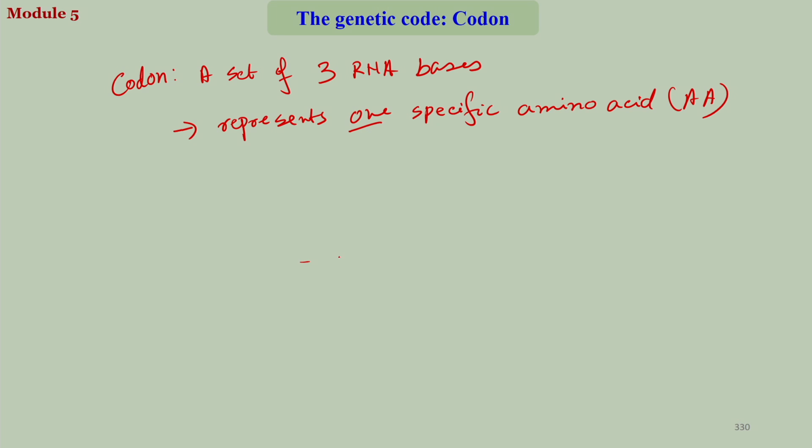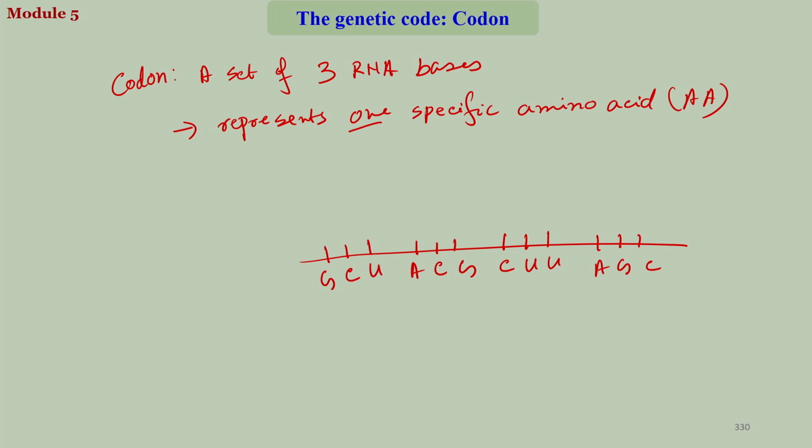For example, if you draw a sequence, maybe G, C, U. Of course, I am writing an mRNA sequence here, A, C, G. Any arbitrary sequence actually, C, U, U, A, G, C. So, if this is your mRNA or any RNA, they will represent codons.